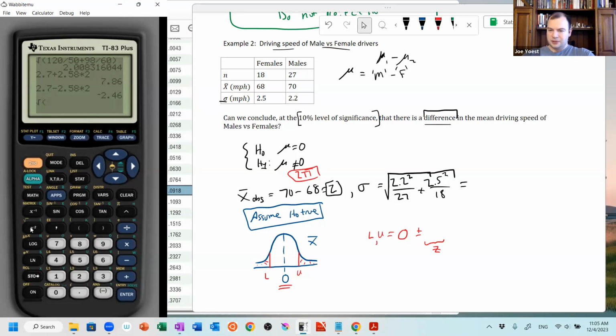So I have square root of 2.2 squared over 27 plus 2.5 squared over 18. And okay, that looks good. And this gives me about 0.73.